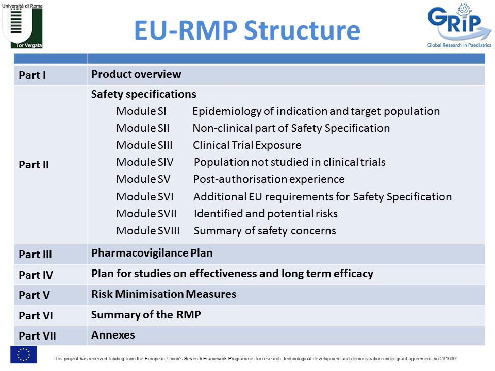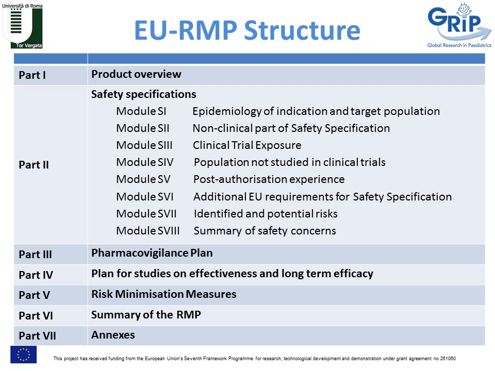The Risk Management Plan structure consists of 7 parts. The first part is the product overview, which is the administrative information about the product. Part 2 is the safety specification of the product.